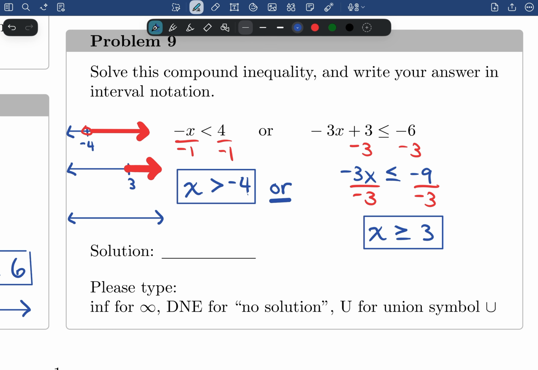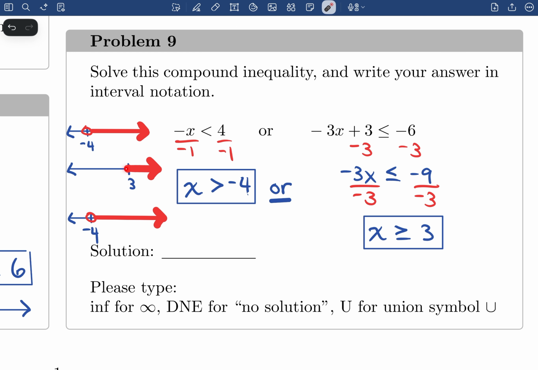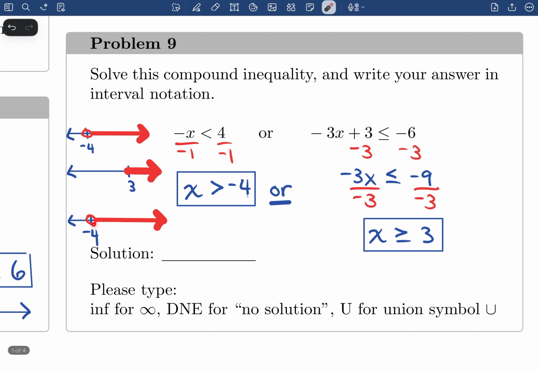So I'm going to be starting at negative 4. Okay, I'll write it right here, negative 4. And I'm putting an open dot just like it has. And then I'm shading all of the region to the right, all the way to infinity. Okay, because this graph already has all of that stuff up on the graph above. Okay, so this is the answer when I'm using the word "or."